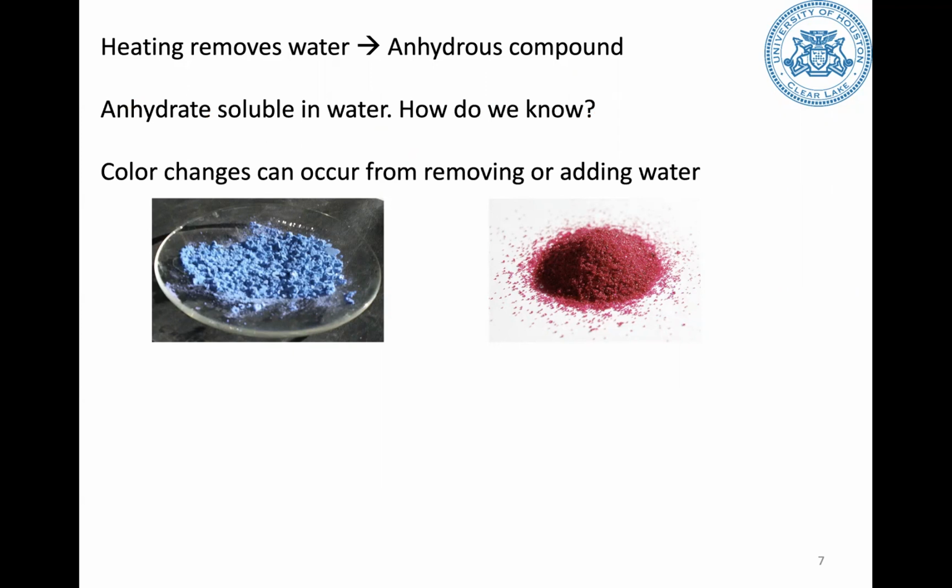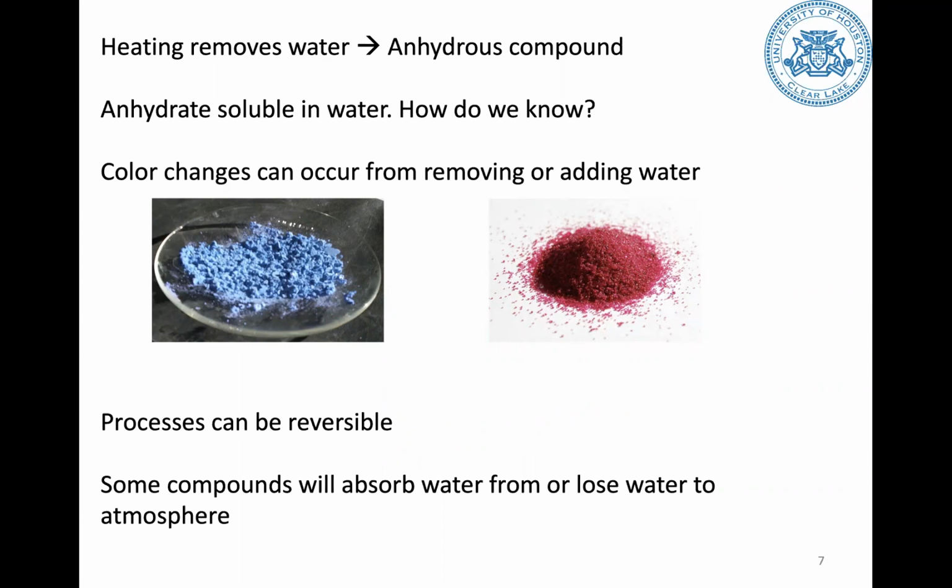For example, this one shown here has the water. Once we heat it, it will form the white color, with no water associated anymore, but when it goes back, we see the color again. So either way you can see the color change. The process can be reversible, just like I showed for the copper sulfate: you can reverse it either by heating or adding water.